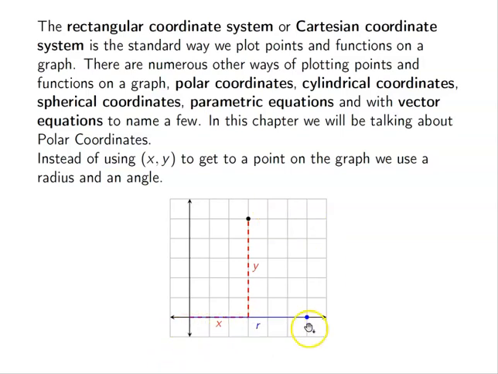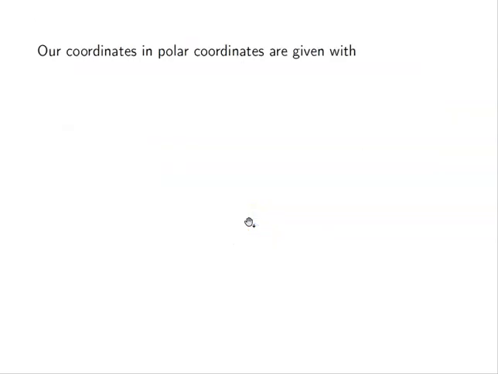This is our radius r, and we move it like an arc on a circle by a certain angle, which we call theta, and that gets us to the exact same point. So instead of going through downtown city blocks, over a certain number of units and up or down a certain number of units, we move out a certain number of units and then rotate by an angle to get to that same point.